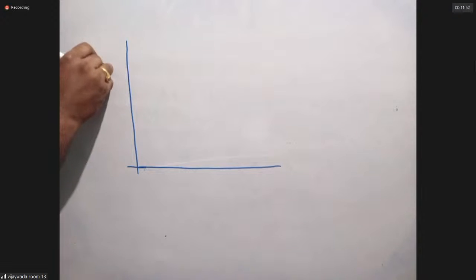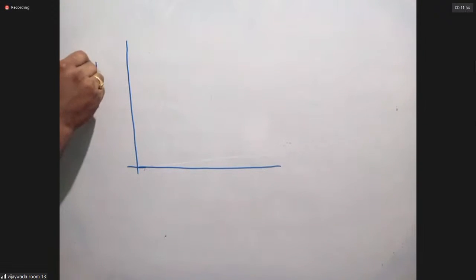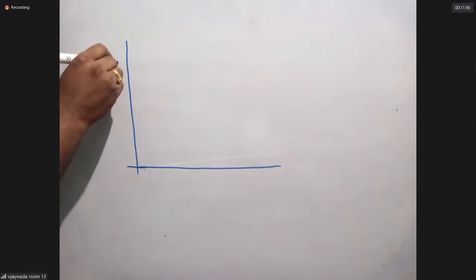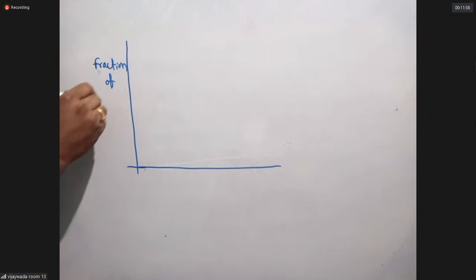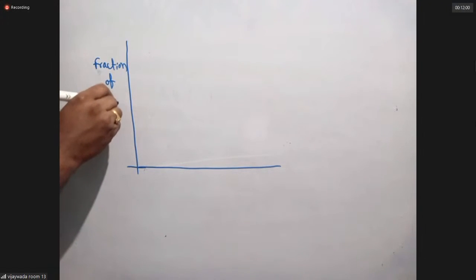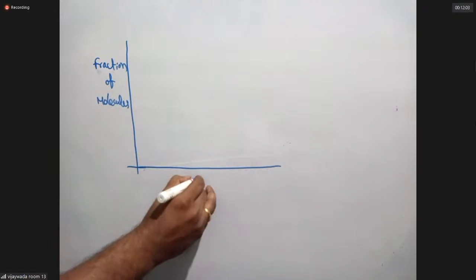Here on the y-axis is the number of molecules, or you can take fraction of molecules, both are the same, and on the x-axis is velocity.